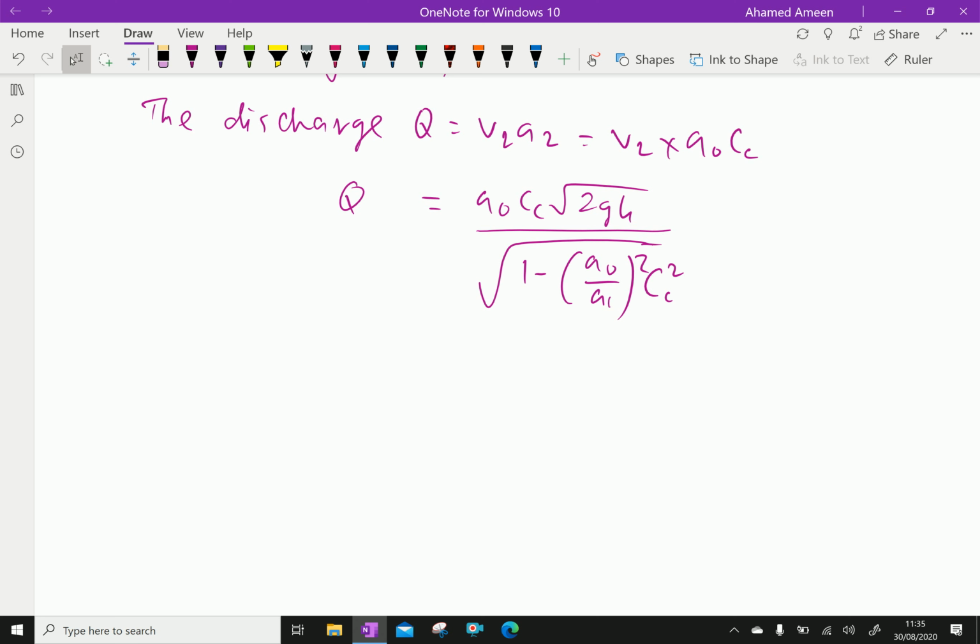Now here CD is the coefficient of discharge.